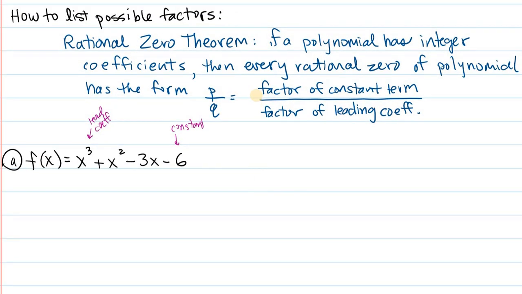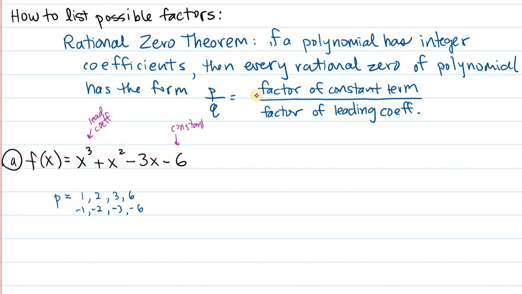So we know that the factors of the constant term are the factors of the number 6. So that's going to be 1, 2, 3, and 6. And it's also -1, -2, -3, and -6.